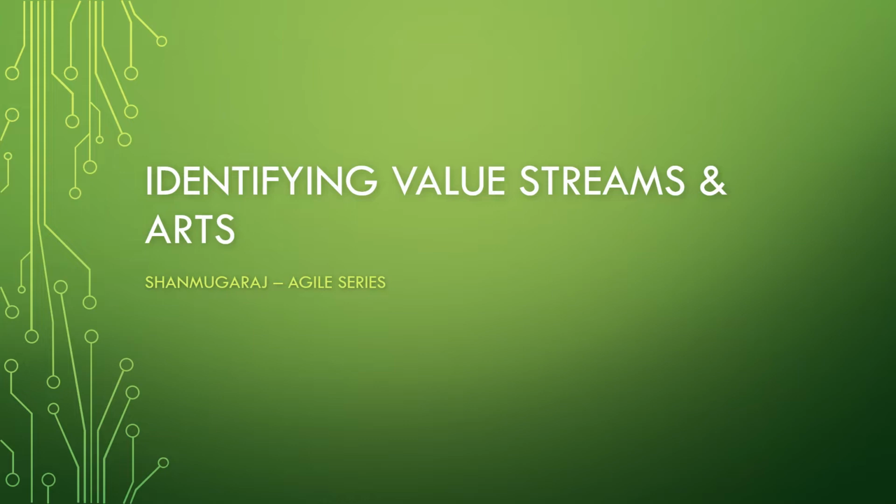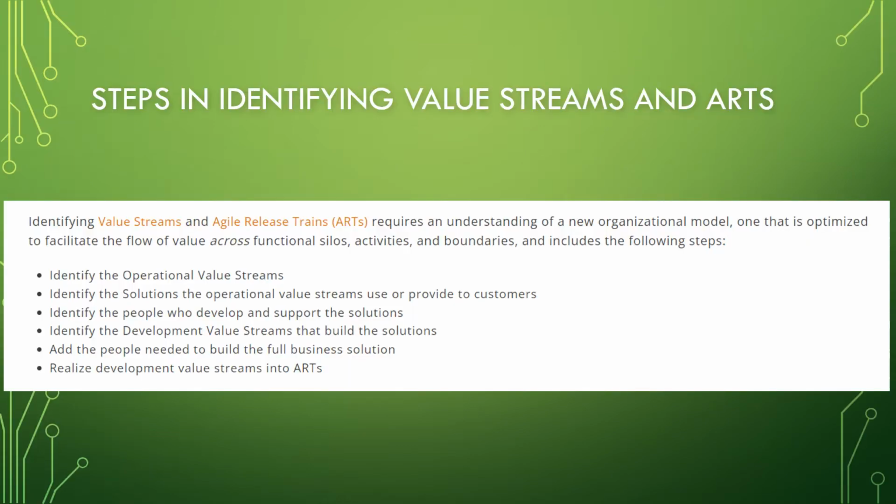The next step is identifying value streams and ARTs. As per SAFE, there are 6 steps defined in identifying value streams and Agile Release Trains.